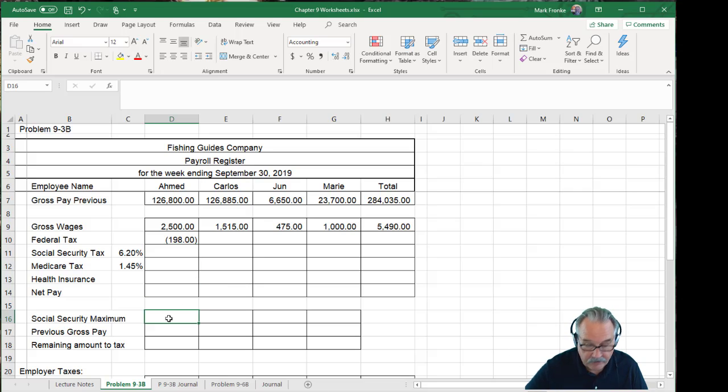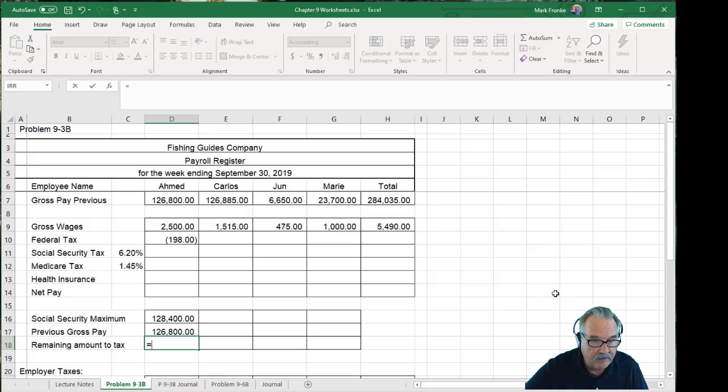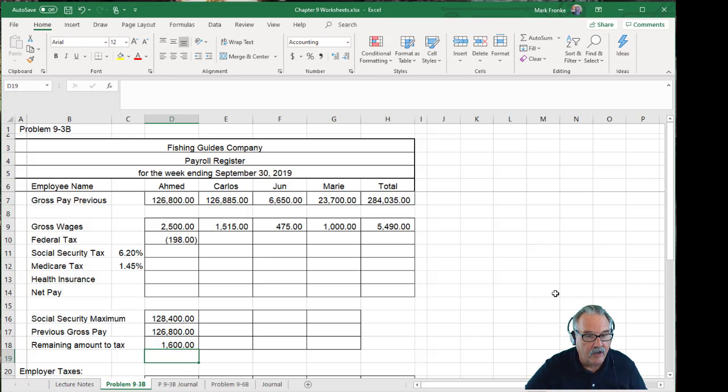Social Security maximum, and this is going to be true for all of them, is $128,400. His previous gross pay was up above. I'm going to pull that down, which means that he has $1,600 worth of wages remaining to be taxed.